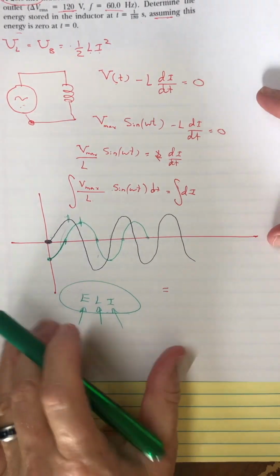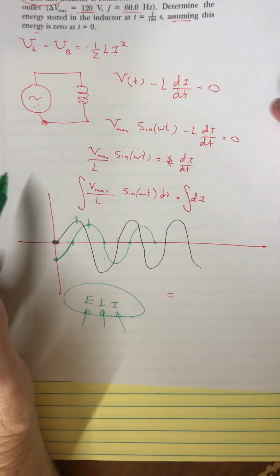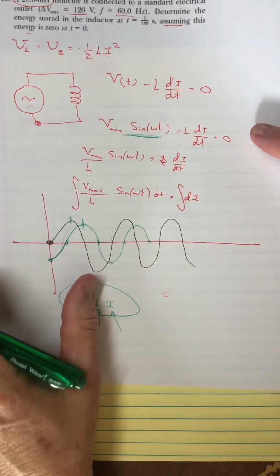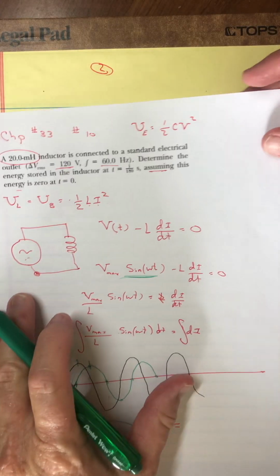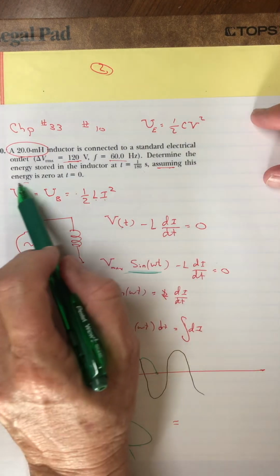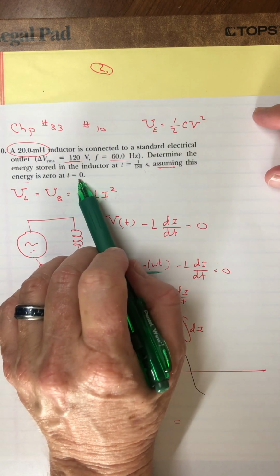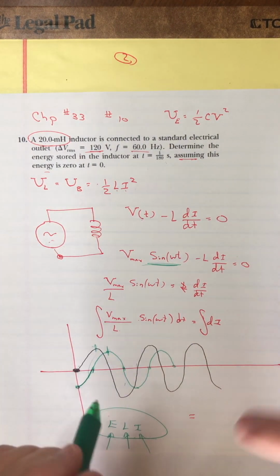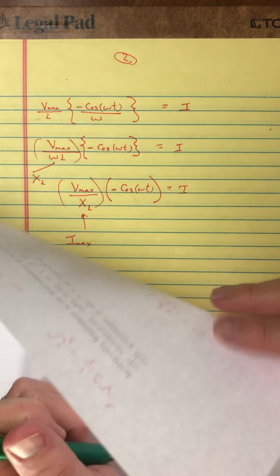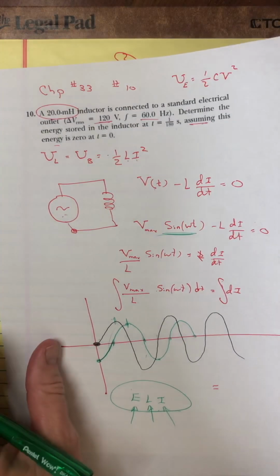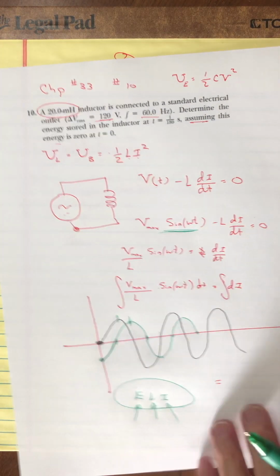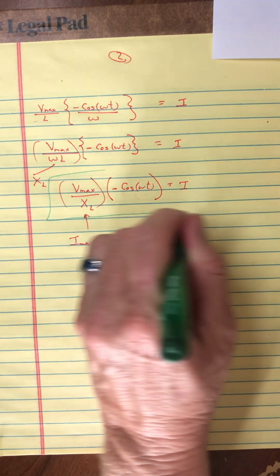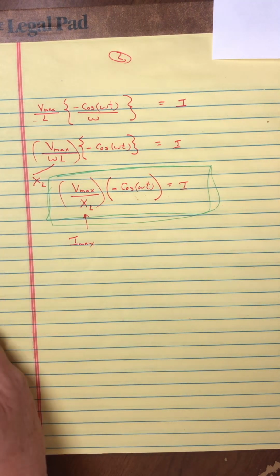Now, notice, though, that I said in this whole derivation that this depended on how you are counting time equals 0. And back in this problem, they say, assume the energy is 0 at time equals 0. So they're giving you a definition of when time equals 0, and it may not be the same as what I derived in class. So don't start this problem and say, okay, this is the equation for the current.